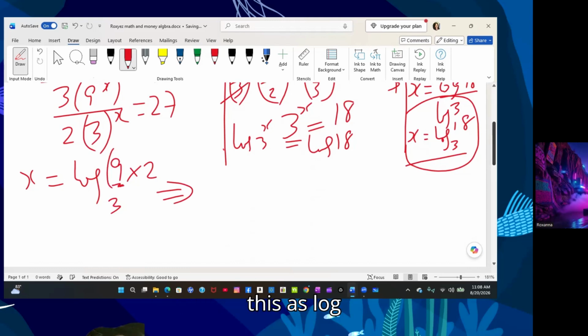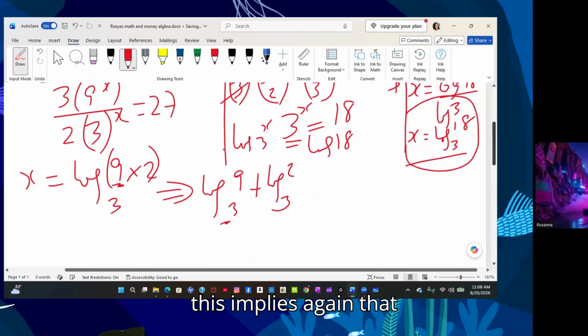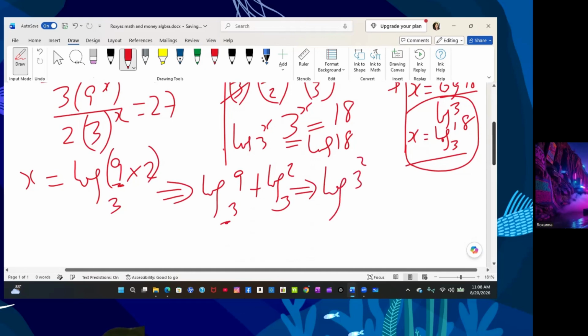And rewrite this as log 9 to base 3 plus log 2 to base 3. Okay, and then if I rewrite this one, this implies again that 9 is 3 to power 2, log of 3 to power 2 to base 3, plus log 2 to base 3.